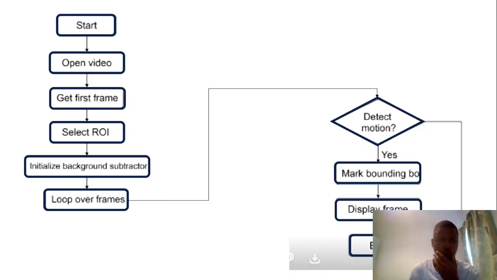So how will it work? First of all, we can extend this to webcam, but for today we're using videos. In the previous videos we've used webcam a lot, but we've not really used videos that are in our systems, on local devices, to carry out OpenCV operations on them.